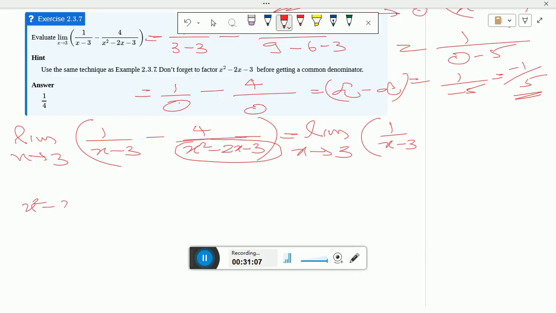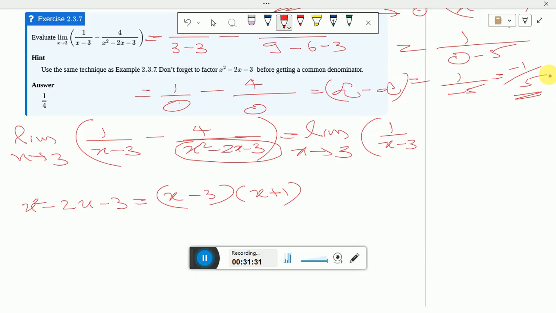So x squared minus 2x minus 3, if you apply factorization, the factors are x minus 3 into x plus 1. So I can directly find the answer. If you can't find the factors, you can apply whatever techniques you know to find them. So these are the factors of x squared minus 2x minus 3.